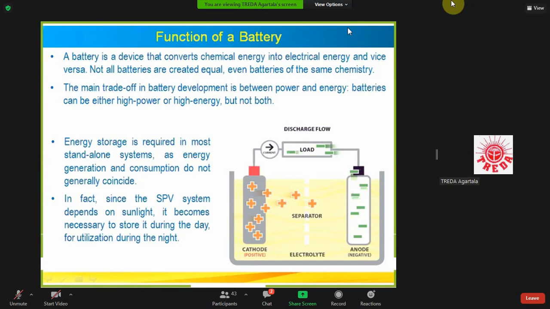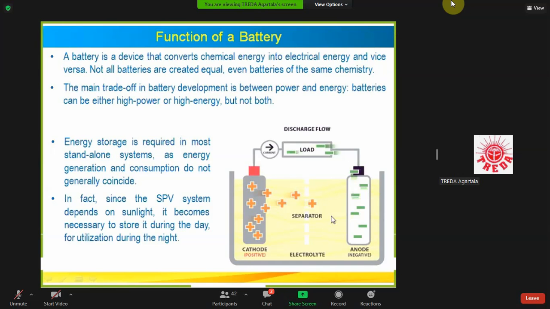At night we cannot get any energy from the sun. So the energy which is developed in the daytime, we have to store it. That's why the battery is required for our storage system. In fact, since the SPV system depends on sunlight, it becomes necessary to store energy during the day for utilization during the night. This is the battery function.